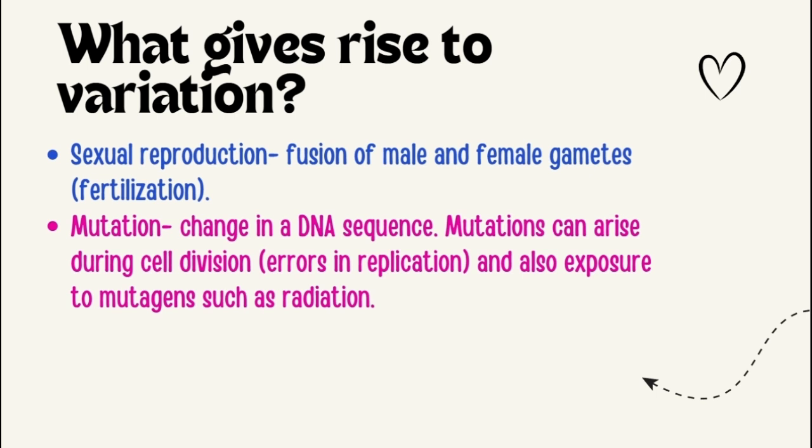And we said before that variation will come from sexual reproduction, the fusion of male and female gametes, so fertilization has to take place, right? Another way that variation can come about is through a mutation, meaning there's a change in the DNA sequence, right?